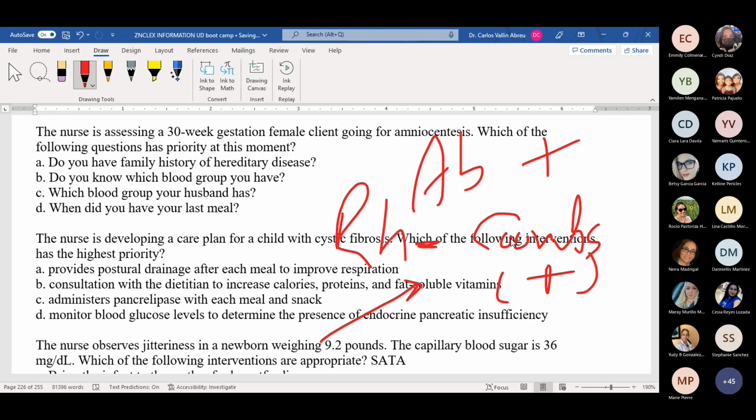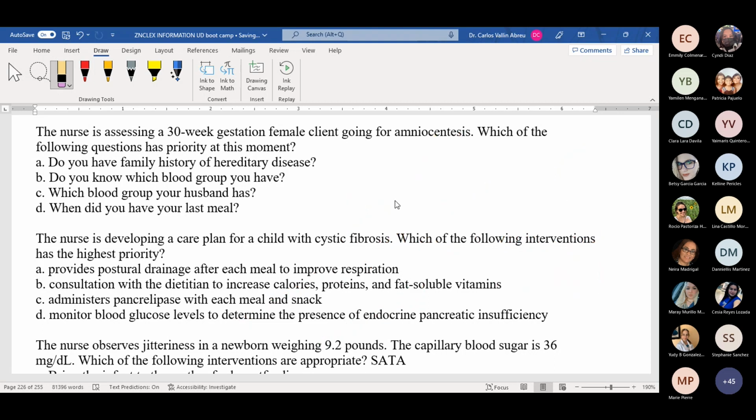So there is no sense in giving the Rogan to this woman. So that's why I say Rogan is given to the woman that is Rh negative and Coombs negative. So she is still naive. Did I explain myself? Do you understand the rationale for the Rogan, why it needs to be given?